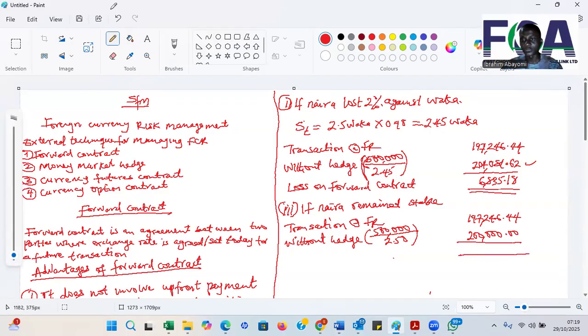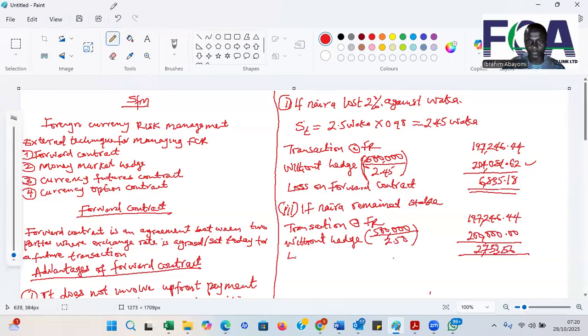So is there again a loss? There's a loss. Loss of how much? 200,000 minus 197,246.44, that's 2,753.56.